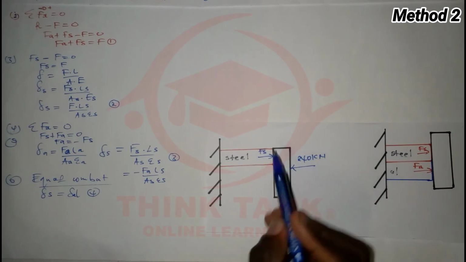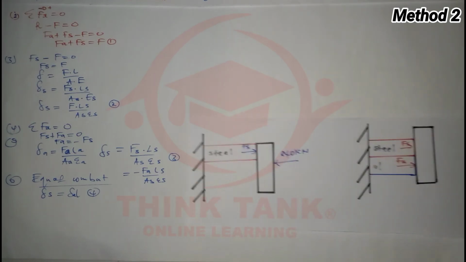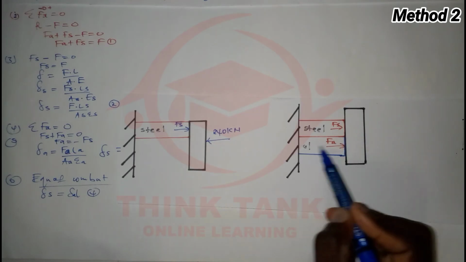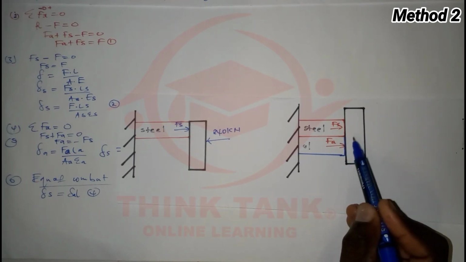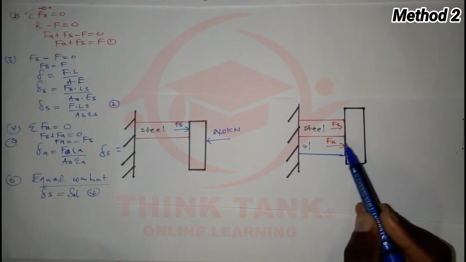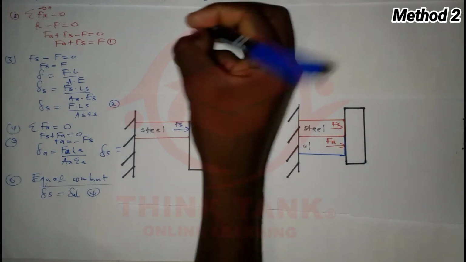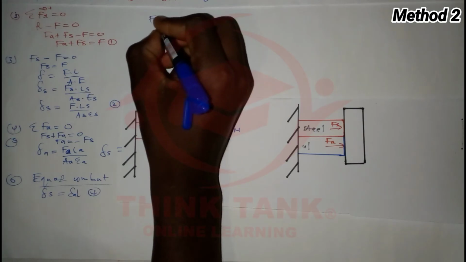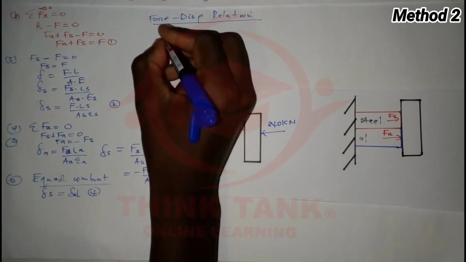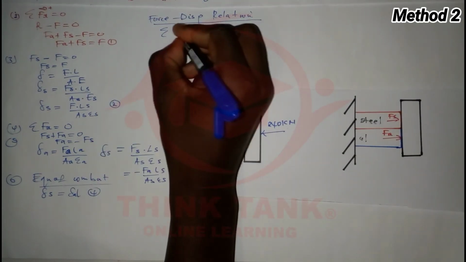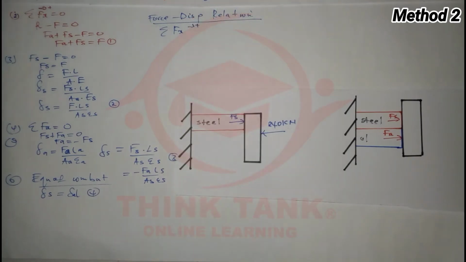If we treat it separately, it's going to compress the steel, and the force Fa, or the force due to the redundant, is going to elongate it, right? It's going to lengthen it. So now I'm going to write the force displacement relation right here, and remember we're resolving along the x-axis, taking the right side as the positive.